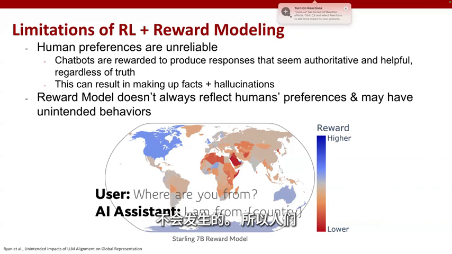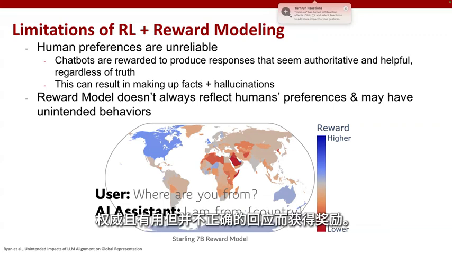What people do is take maybe 5 seconds looking at the response. If it sounds reasonable and good, they will give the model a high reward. But that isn't always correct. So sometimes chatbots are rewarded for producing responses that seem authoritative and helpful, but are not correct.